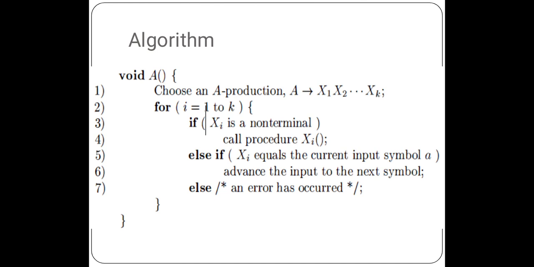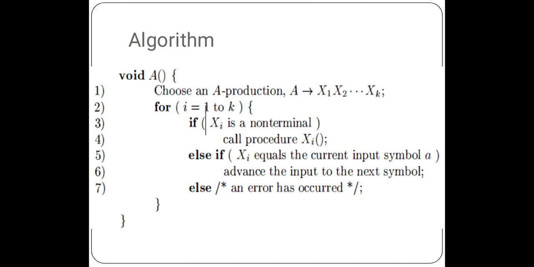Then we have a for loop for i equal to 1 to k, and in this for loop we have if-else statements, where the condition is: if Xi is a non-terminal, then call the procedure of Xi. Whenever you call the procedure of Xi, you will have some replacement from a non-terminal to some other non-terminal, or from a non-terminal to a terminal.